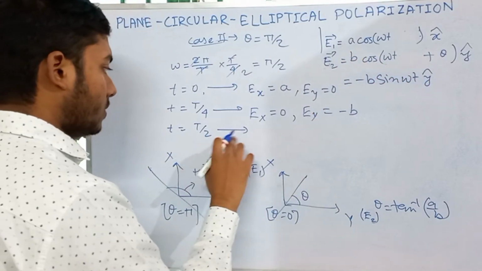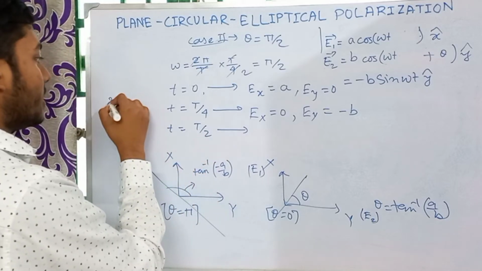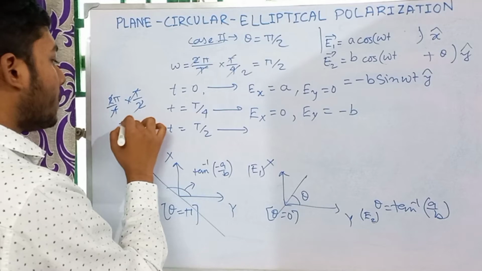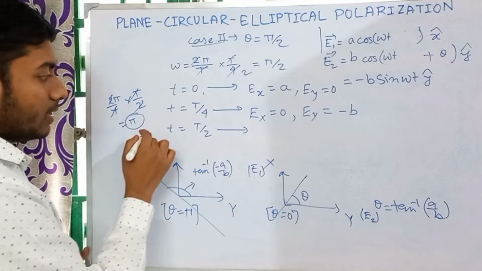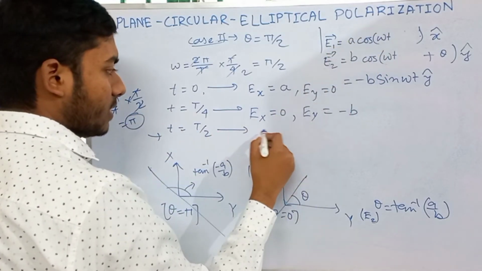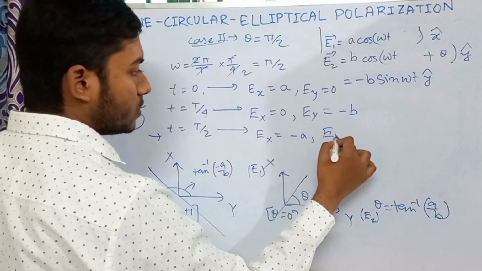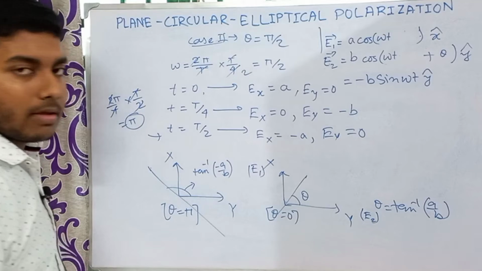Now for t equals T by 2, 2 pi by T into T by 2 means pi, and cos pi is minus 1, so Ex is minus A and Ey is equal to 0.